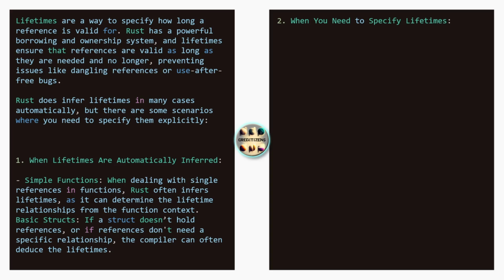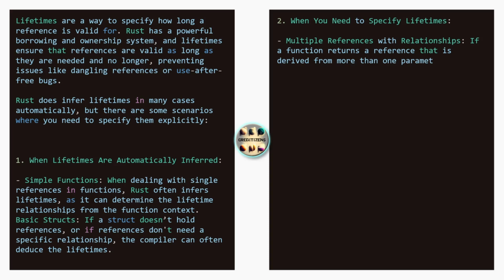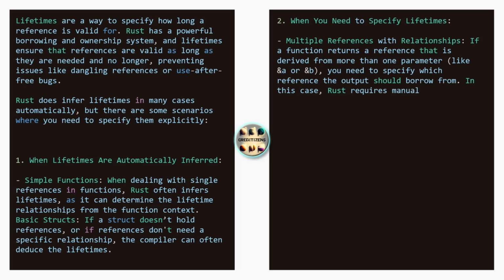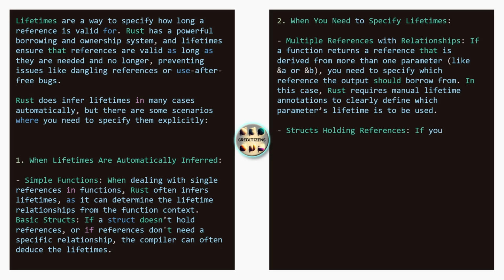After, when you need to specify lifetimes, when you have multiple references with relationships: if a function returns a reference that is derived from more than one parameter, you need to specify which reference the output should borrow from. In this case, Rust requires manual lifetime notations to clearly define which parameter's lifetime is to be used.